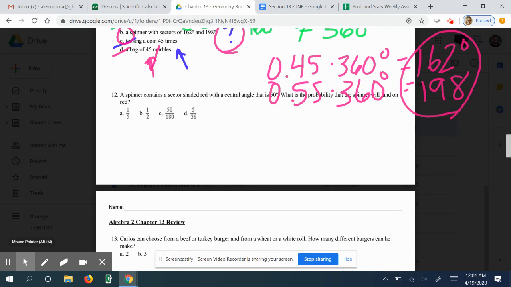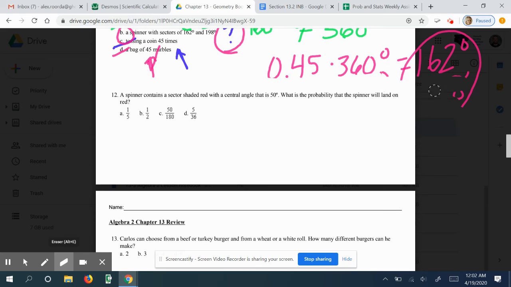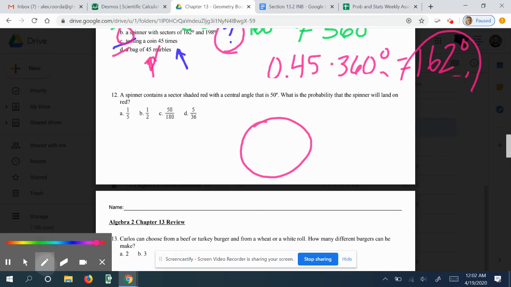All right, number 12. A spinner contains a sector shaded red with a central angle of 50 degrees. What is the probability that the spinner will land on red? We just did one very similar. Here is our spinner, and the red sector is right about here. That's 50 degrees, but a whole circle is 360 degrees.